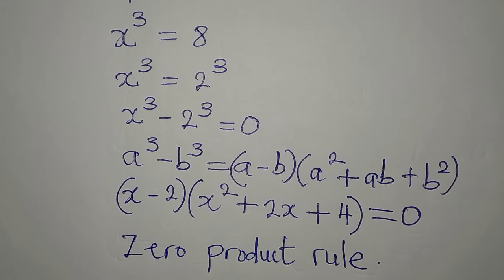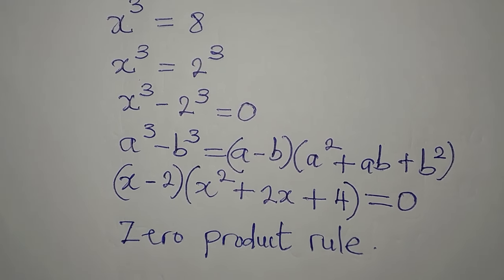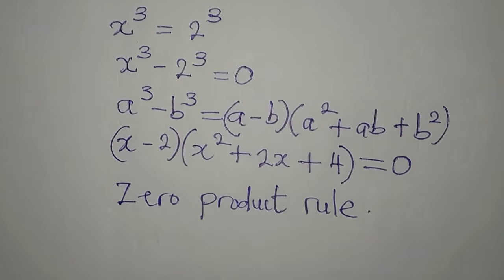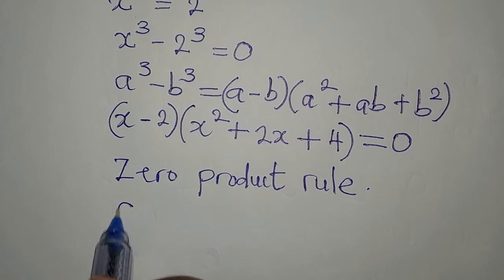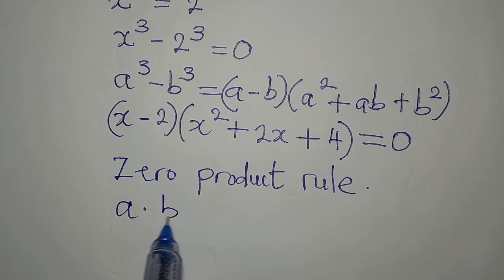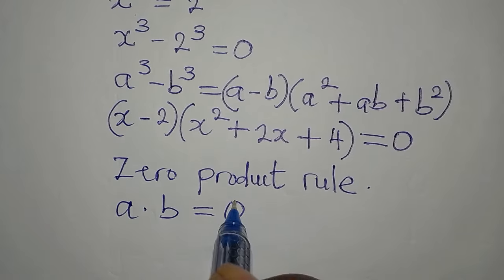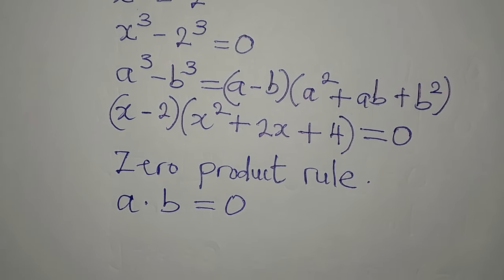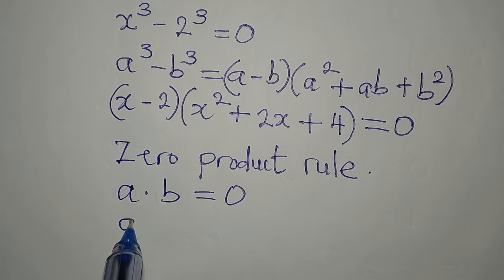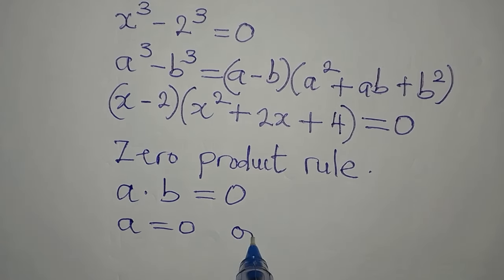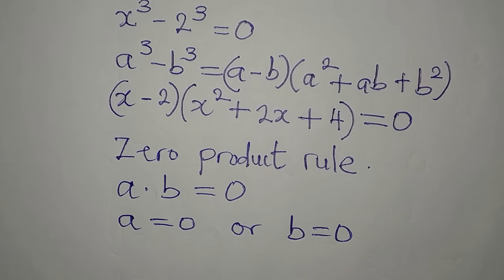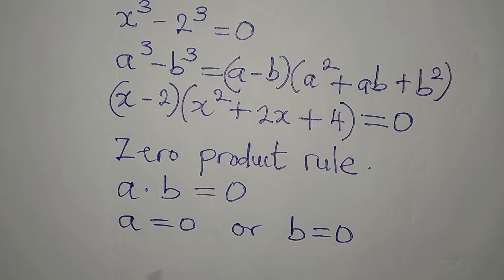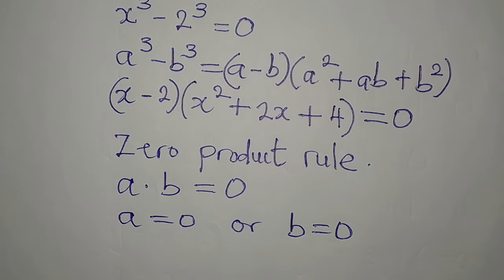Okay, and I want to believe that we all know when to apply this rule. We apply this rule when we multiply two terms to get 0. Let's say a times b is equal to 0. So if you're applying this, it means that either a is 0 or b is equal to 0. That is the only condition that will make you have 0 as the result.